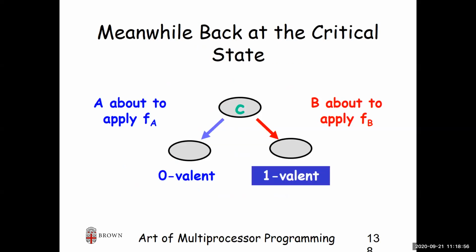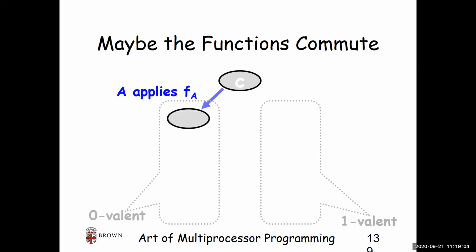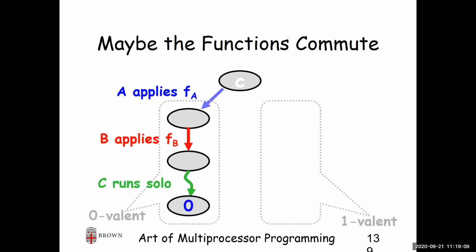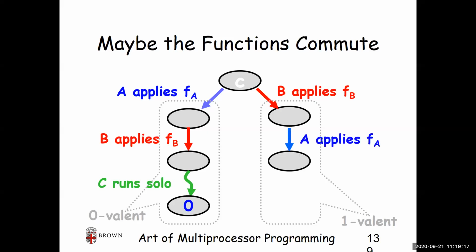So let's go back to our thinking about our critical state, and we're about to apply f of A or f of B. A applies f of A, B applies f of B, and C runs solo, and C decides 0. Or B applies f of B, A applies f of A, and C runs solo.